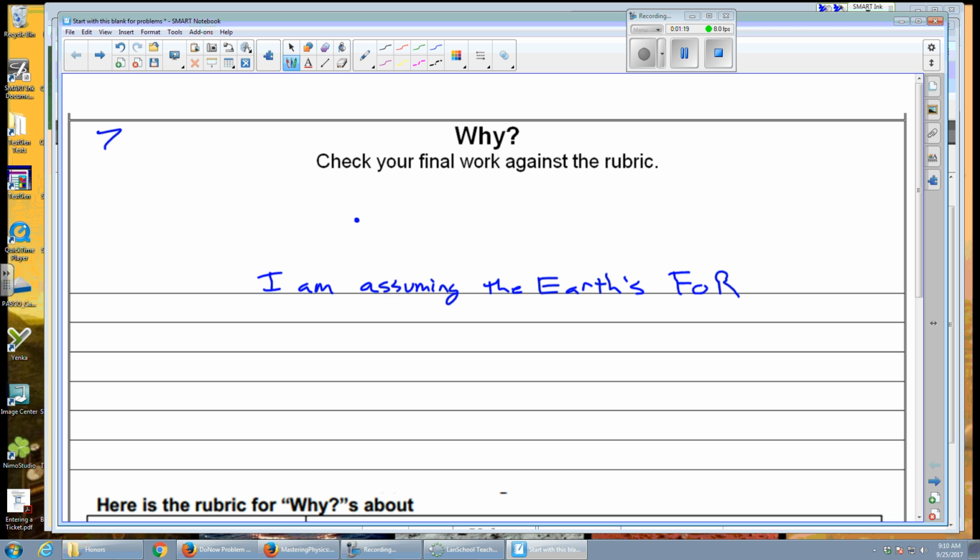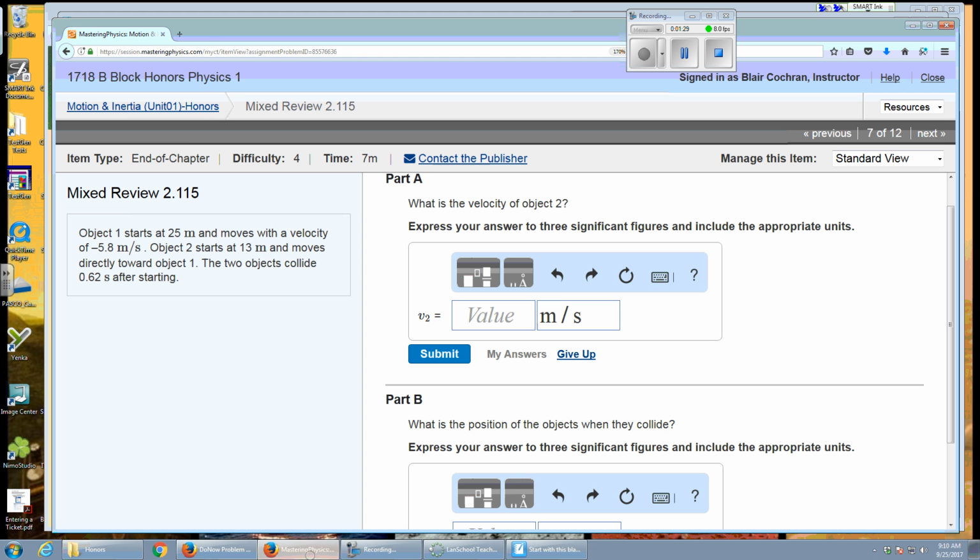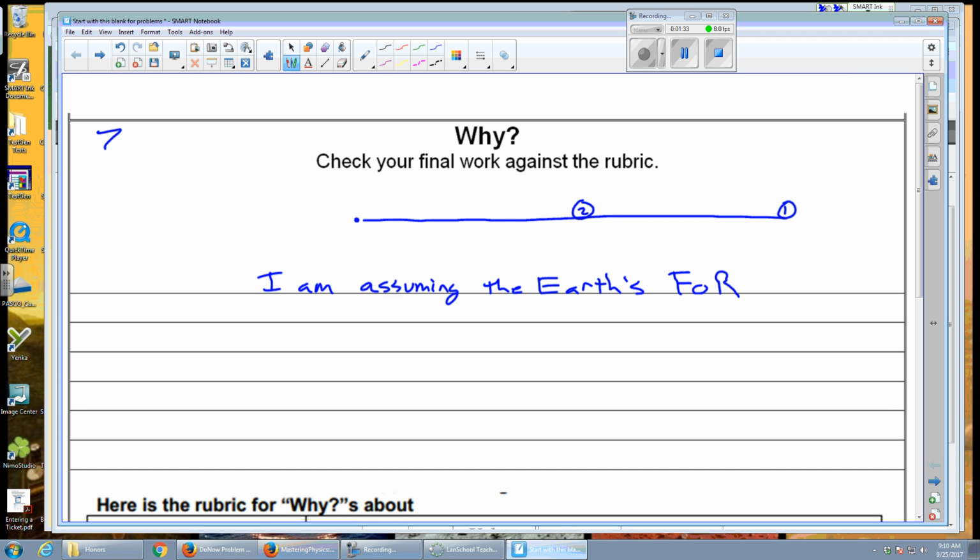So, one and two. Do they label 1 and 2? Yeah, 1 and 2. Very creative labels there, but we'll live. So this would be 0 meters, this is 13 meters, and that's 25 meters.